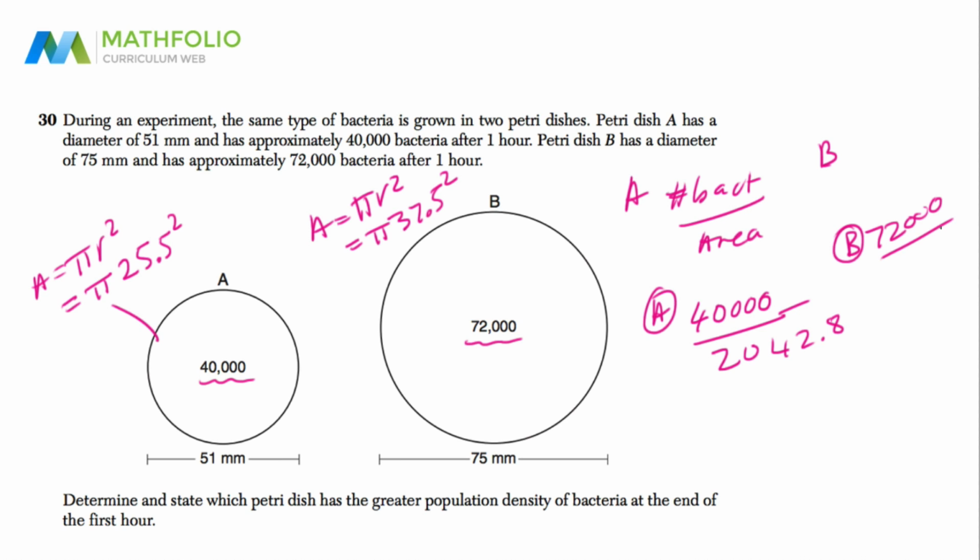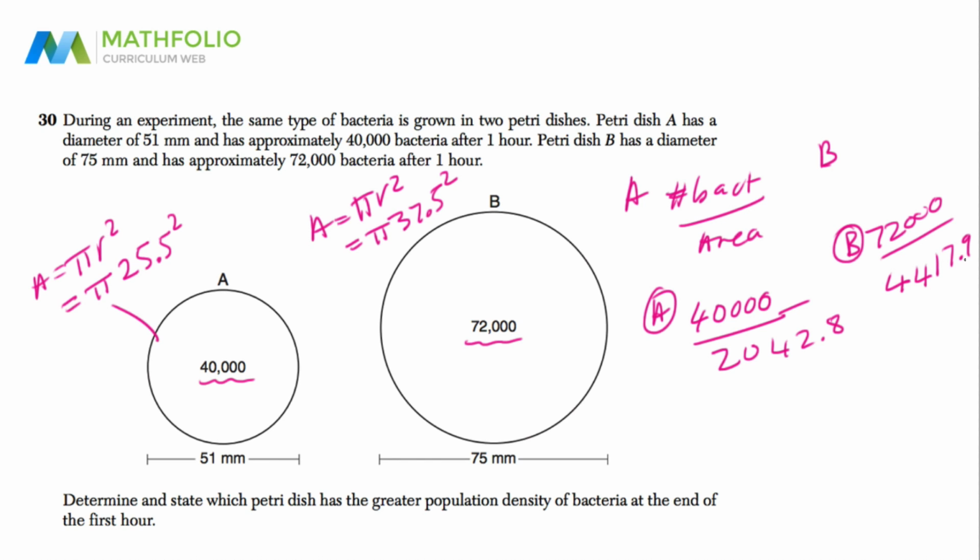And then for the B, I'm going to take the 72,000 and divide by pi. Actually, let's find out what the denominator is. So it's pi times 37.5 squared, and that is 4417.9.